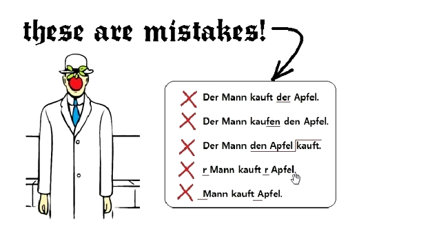We can skip the next one. This is just how I wrote down the vocabulary with the short form R for der. This is of course not used in written German like this.